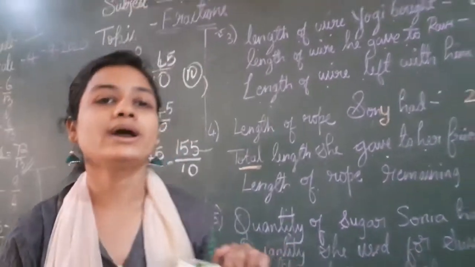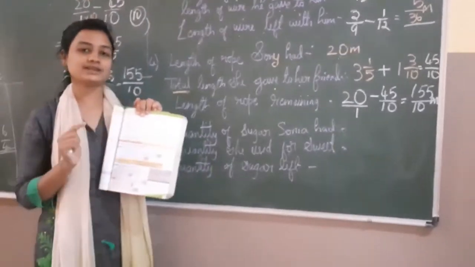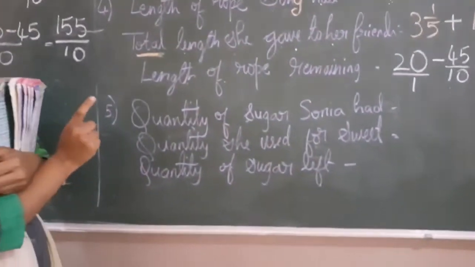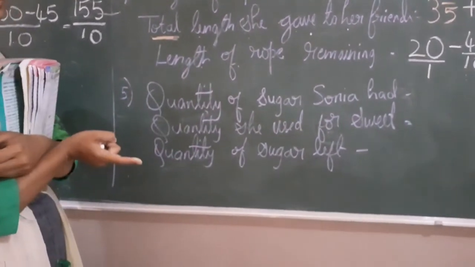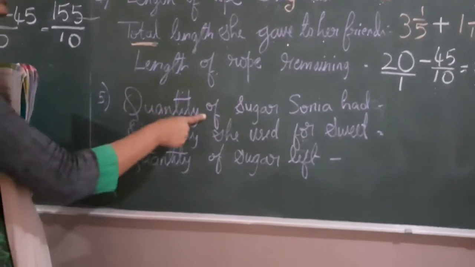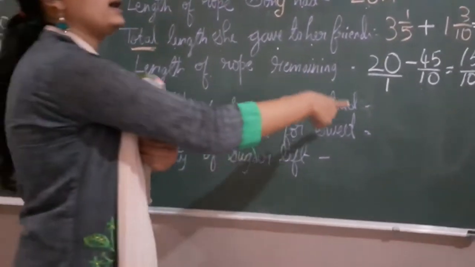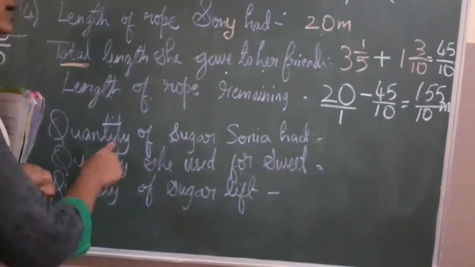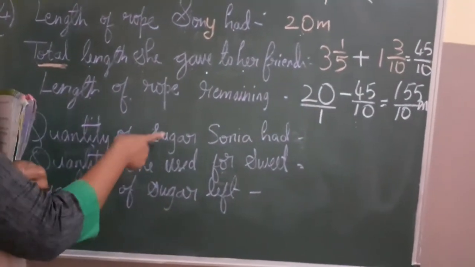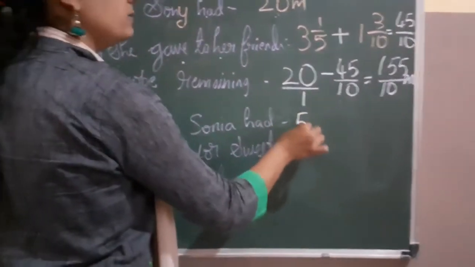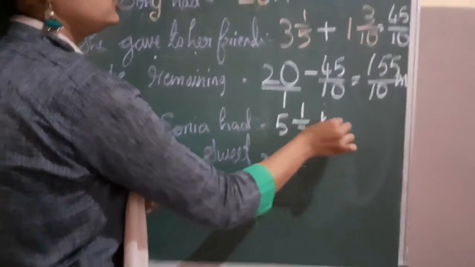So what should I do? I heard the word left. That means I should subtract. Now come to the statements. Please copy the question from the textbook, children. We'll go for the statements. Quantity of sugar Sonia had was 5 1 by 2 kg.